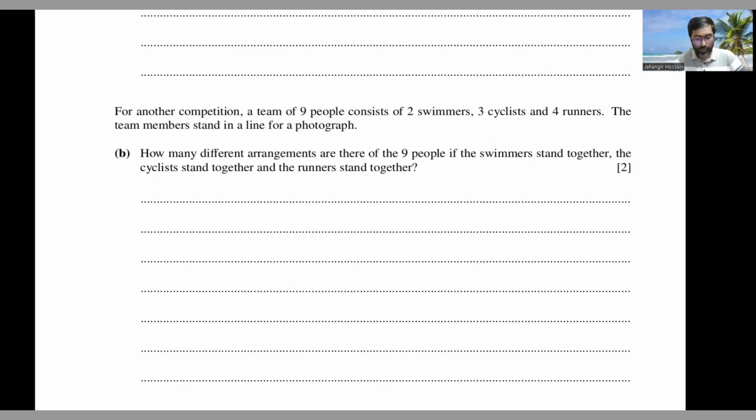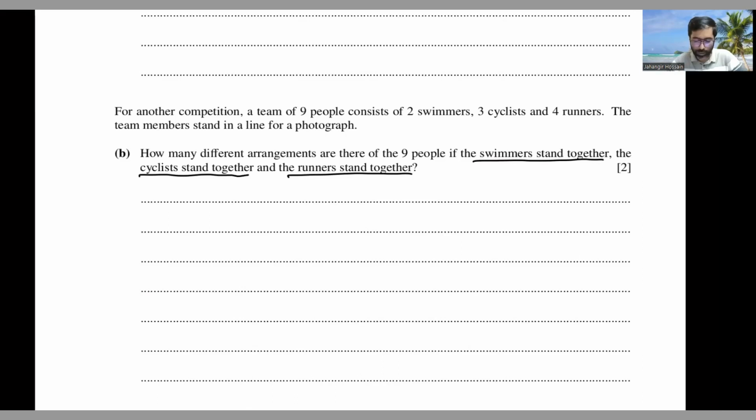The team members stand in a line for a photograph. How many different arrangements are there of the 9 people if the swimmers stand together, cyclists stand together, runners stand together? So we have three different groups: swimmers, cyclists, runners.